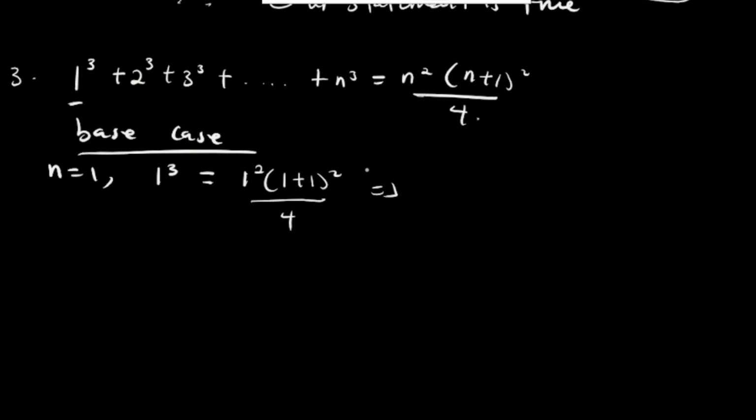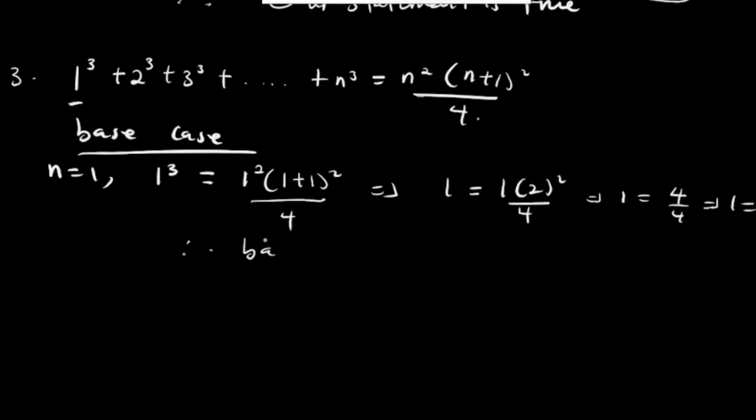So this side will be 1, and 1 plus 1 here, all squared, so let me make it 1 multiplying 2 all squared all over 4. And once you have this, we are going to get 1 is equal to 4 over 4, and I'll have 1 is equal to 1. So therefore, this case is true.